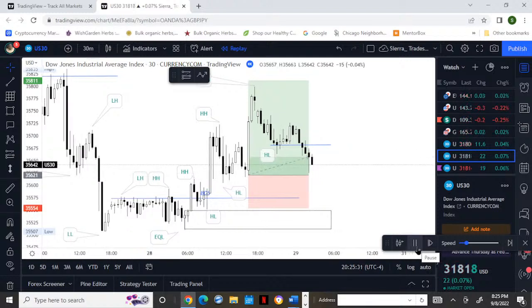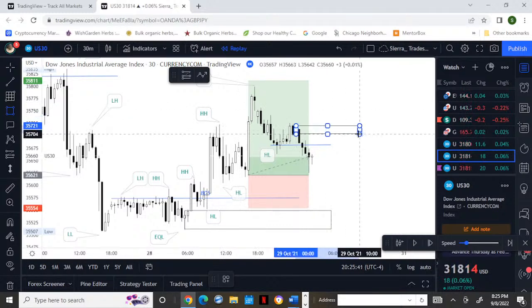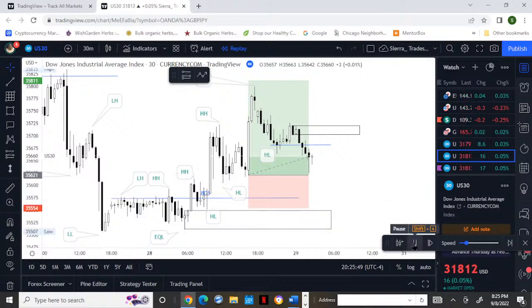So it looked like it did break. So if this is a true break of structure, then price would come back and test this move here, and then continue lower.